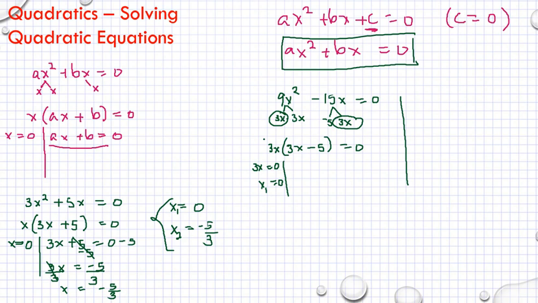So you don't need to do the proper factoring when it looks like this. For example, 9x squared subtracted by 15x is equal to 0. You can just put x there, and then we have x times (9x minus 15) is equal to 0.